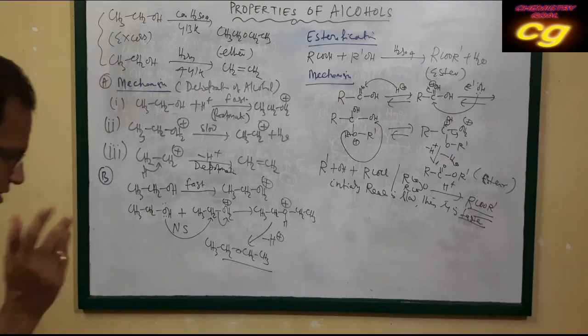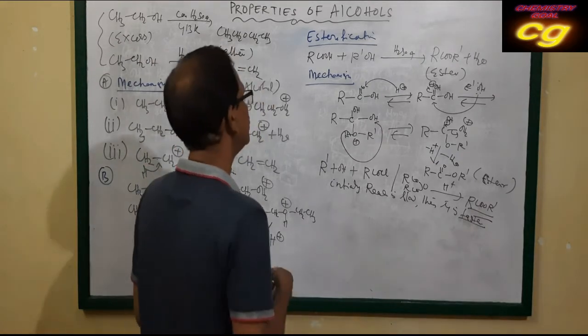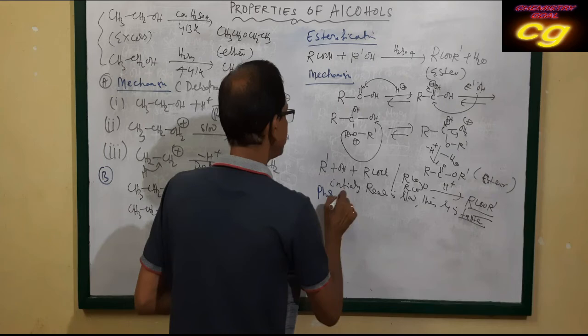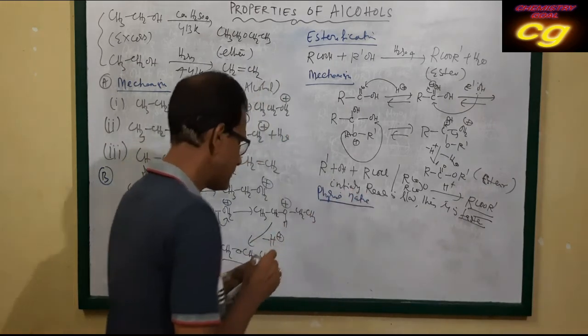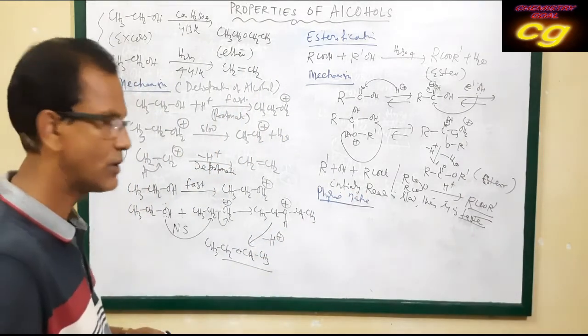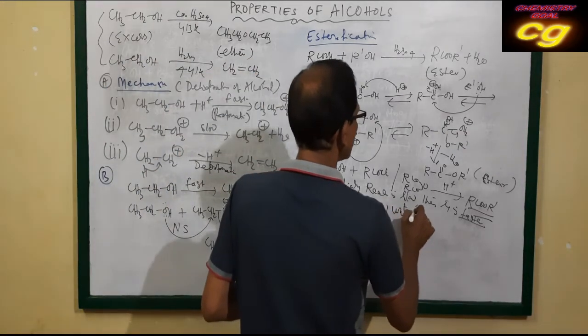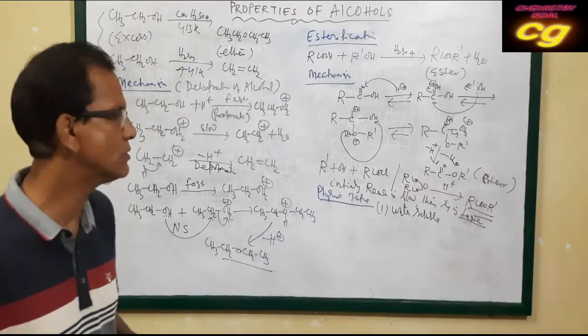Then what are the physical properties of alcohol? Physical nature is very important. Alcohol is water soluble because it can form intermolecular hydrogen bonding.